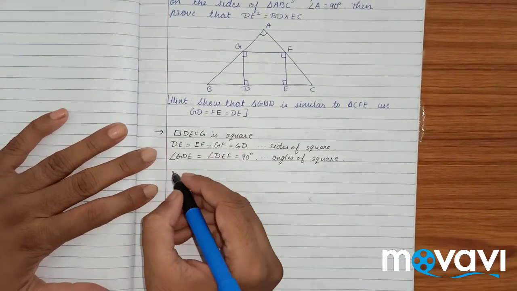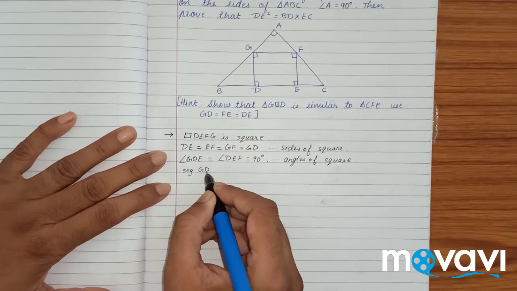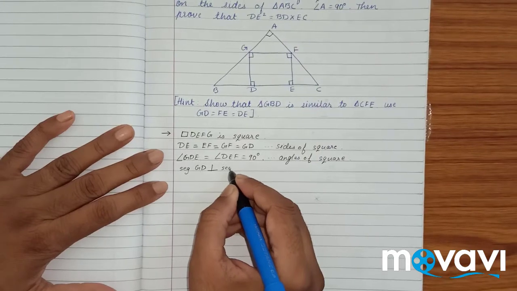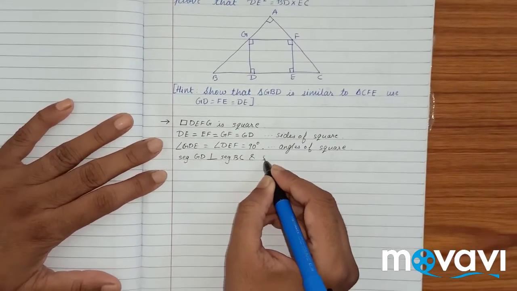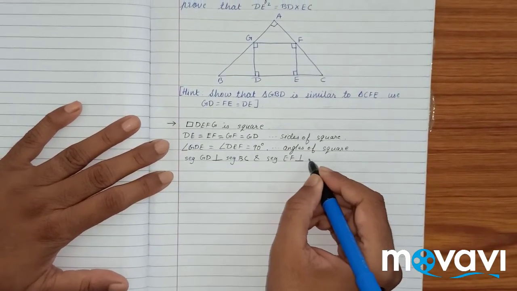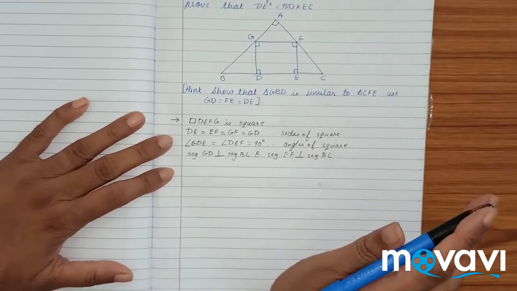Also, we know that segment GD is perpendicular to segment BC, and segment EF is also perpendicular to segment BC. Yes, this is what we can see here.